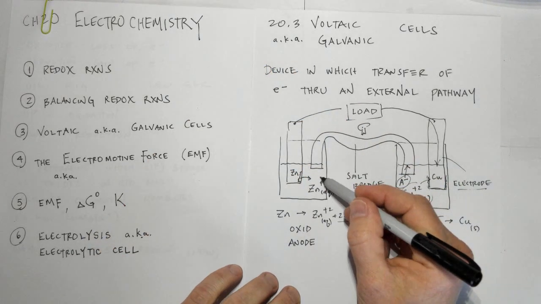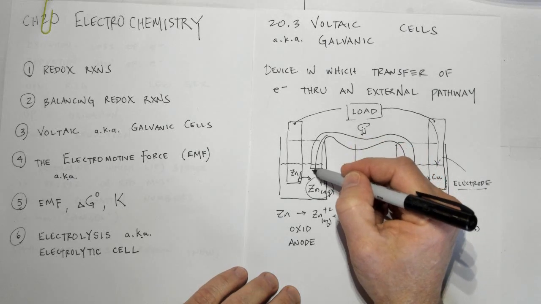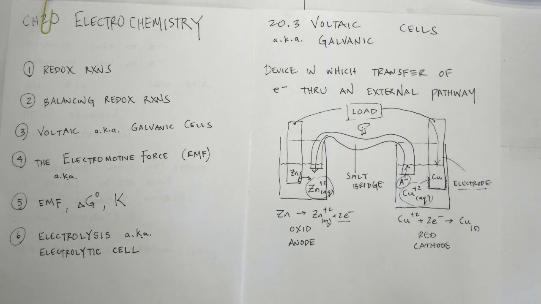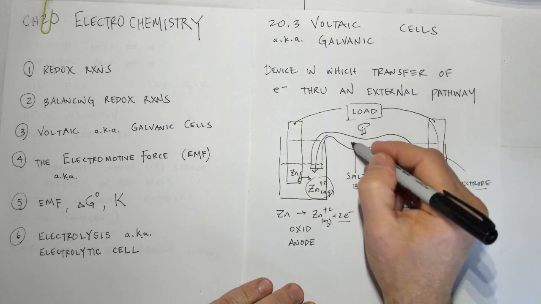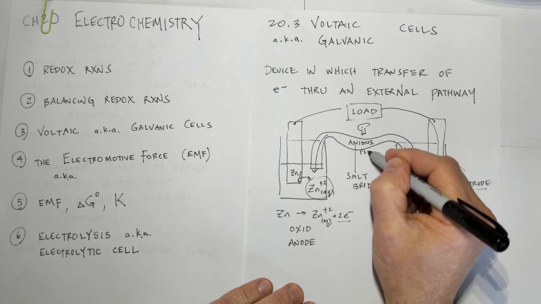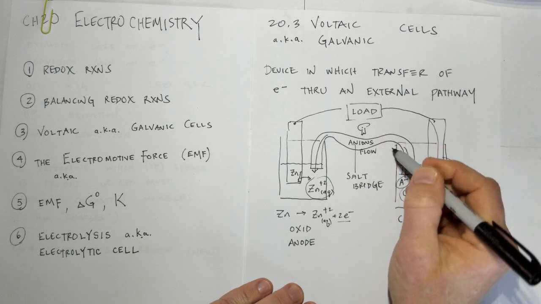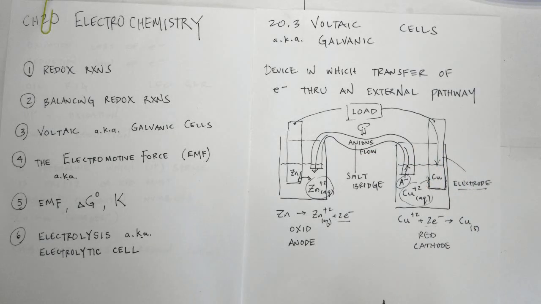And over here, the zinc positives that are created, they will pull those negative charges back into here. And so the anions go through the salt bridge, back to the anode over here.